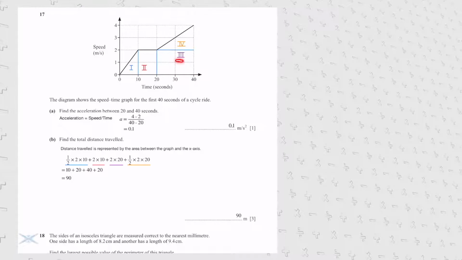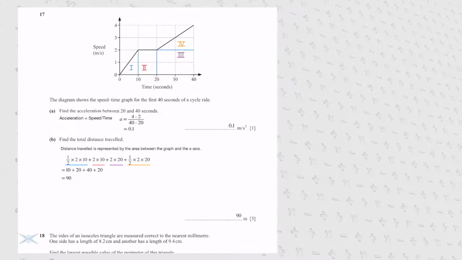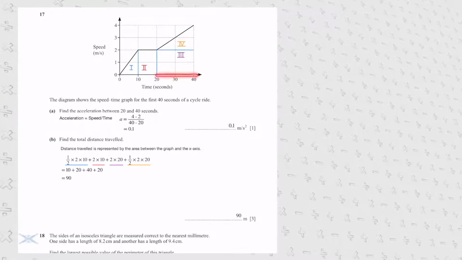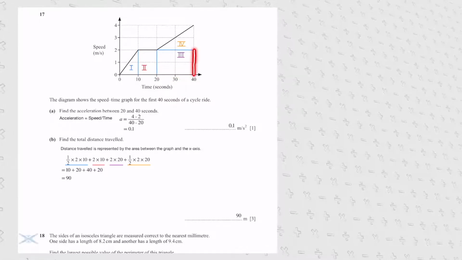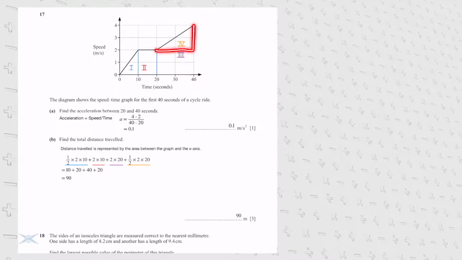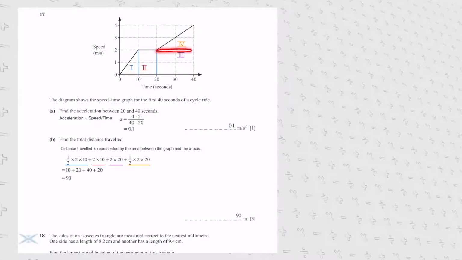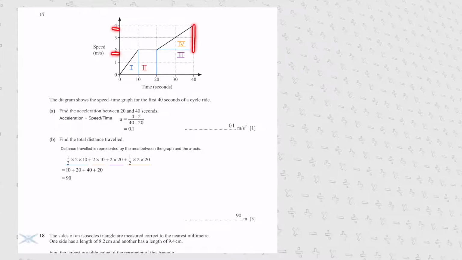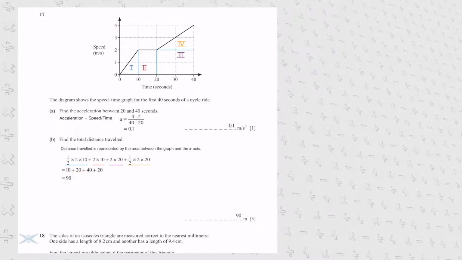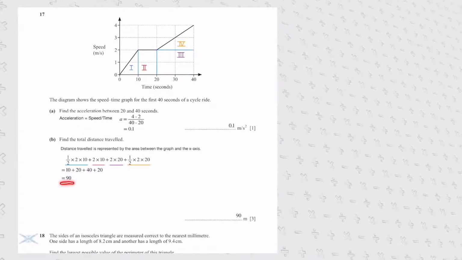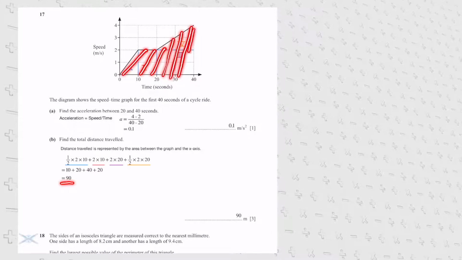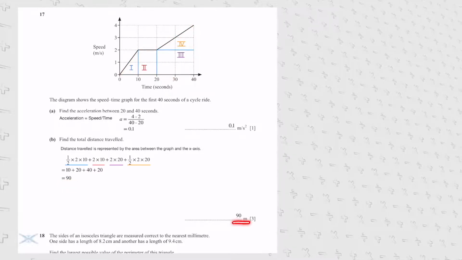The third area represents a rectangle again. So in order to determine that surface area, we multiply 20, so 40 minus 20 equals 20, multiplied by 2. And the fourth and final area is represented by this right triangle. The base of this triangle is 20, its height is 4 minus 2 equals 2. Then we simply add up all of those sub-areas in order to determine the entire area that we can find between the line graph and the x-axis. The total distance traveled here is 90 meters.